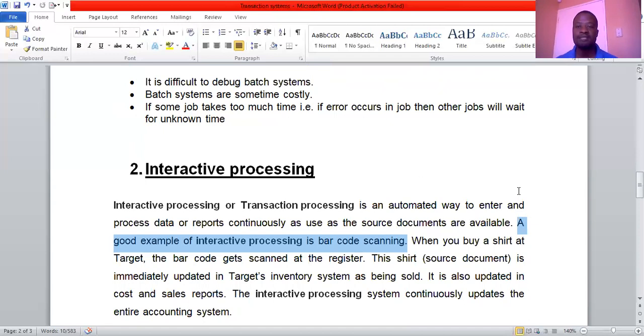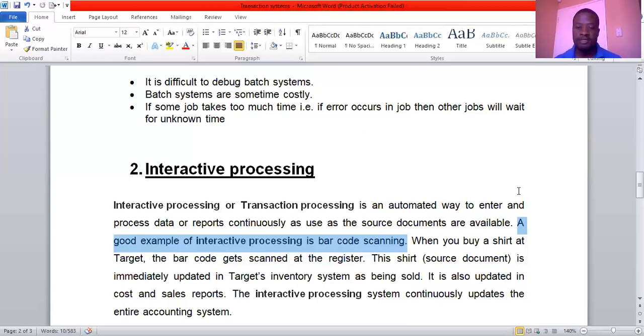What the system does is it goes to the database and updates, or gives a notification, that this item is no longer in stock, somebody bought it. It happens right on the spot.